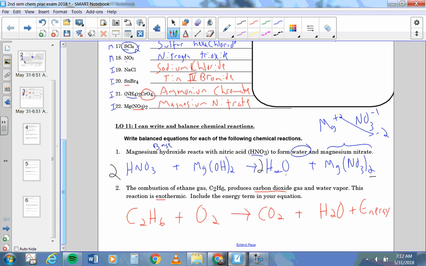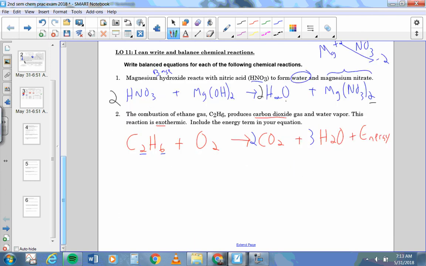How do I balance this? Since there's 2 carbons here, I better put a 2 there. Since there's 6 hydrogens, I better put a 3, because 3 times 2 is 6. Now when I count up all of my oxygens, I'm going to have a problem. The problem is I now have 7 oxygens on this side, but only 2 oxygens on this side.